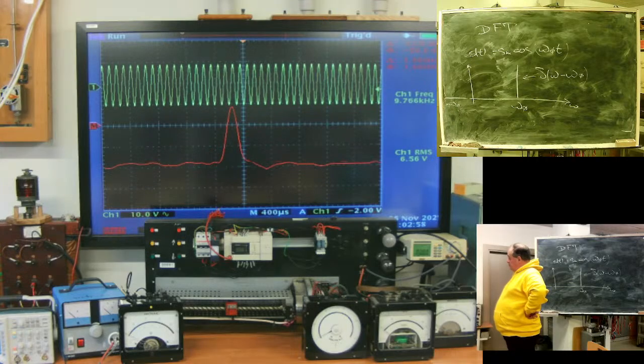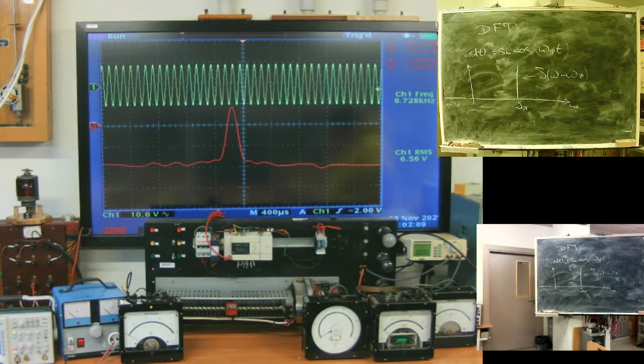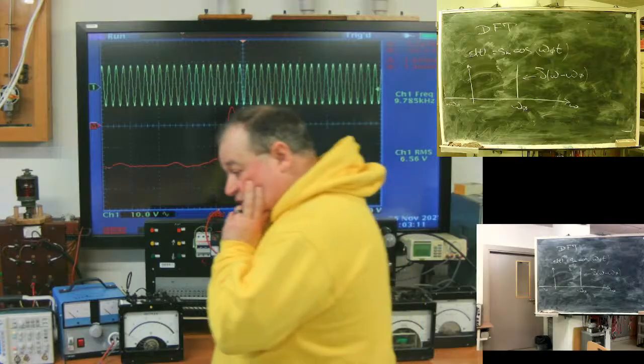What happens? And why are there good and bad frequencies? It's a serious question.